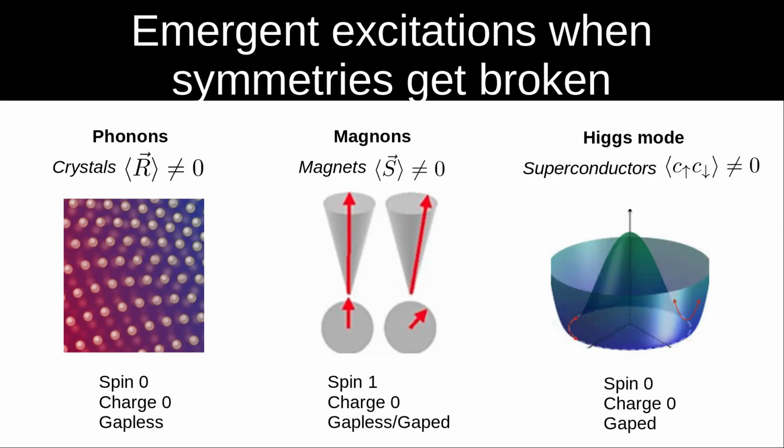And they can be gapless or gapped depending on the specific electronic structure of the material. And then the Higgs modes have, let's say, 0 charge and 0 spin, and they have a gap because of how the free energy of the superconductor is. So symmetry breaking is a very interesting direction for creating emergent quasi-particles that were not present before in the material.